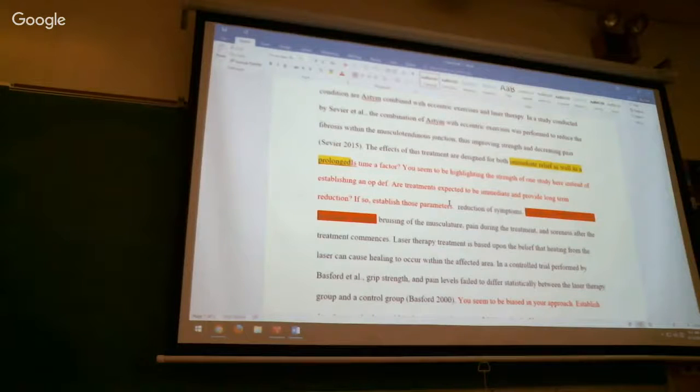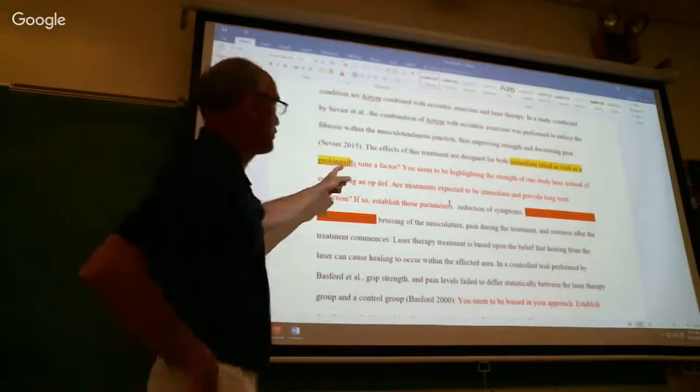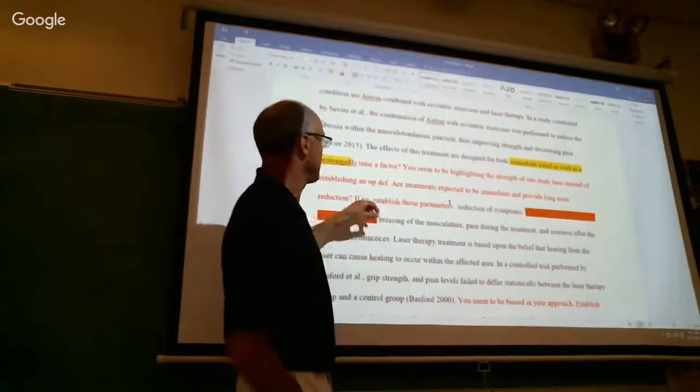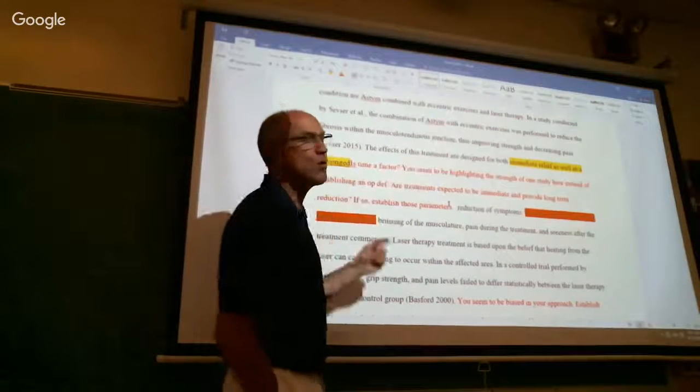Sure, you can tell me these guys did this study in this way, but what you should be doing at this point is establishing, hey, these guys did a study on this, these guys did a study on that, and here's the standard we're going to hold them to, which seems to be strength improvements, pain improvements, and, if time is a factor, immediate and prolonged relief.